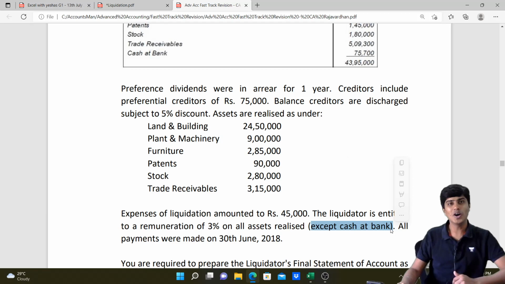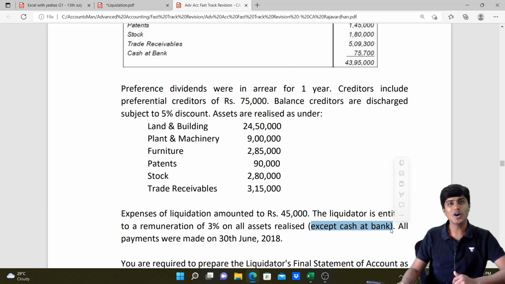Now we are paying debenture holders. I'm supposed to pay 10 lakh plus interest of 1 lakh 20,000, so in total 11 lakh 20,000 to debenture holders.